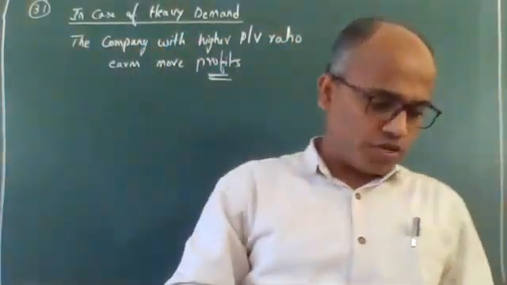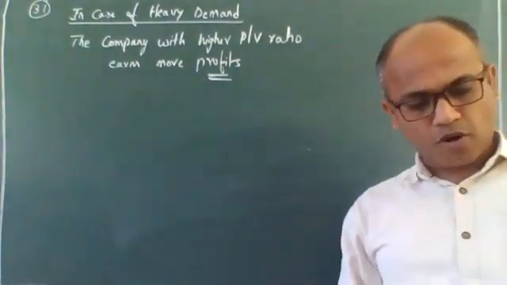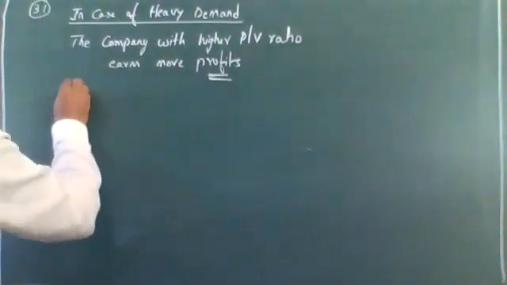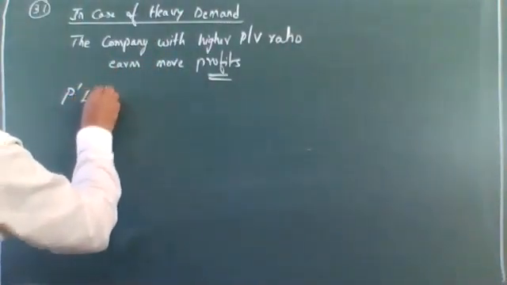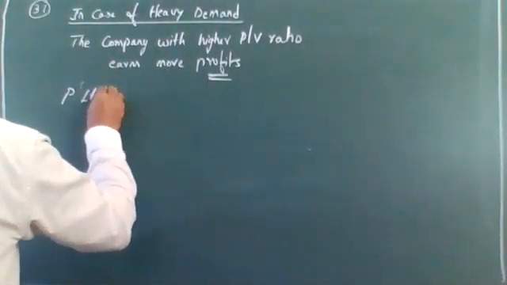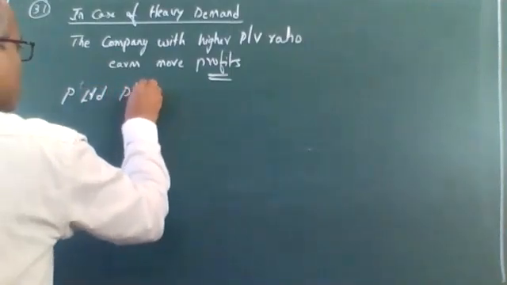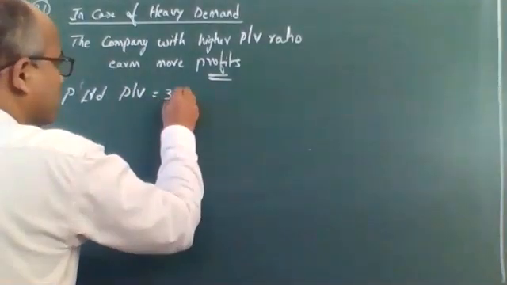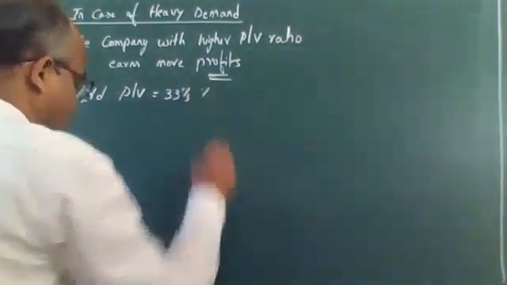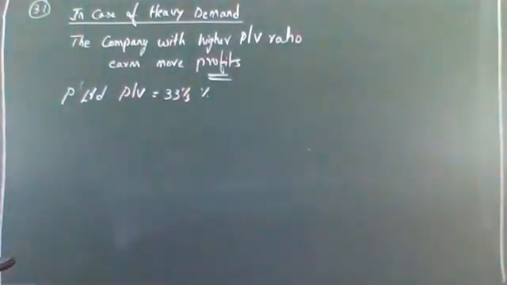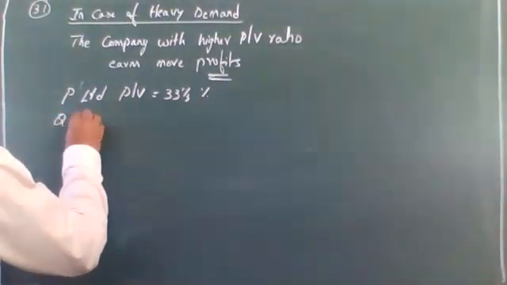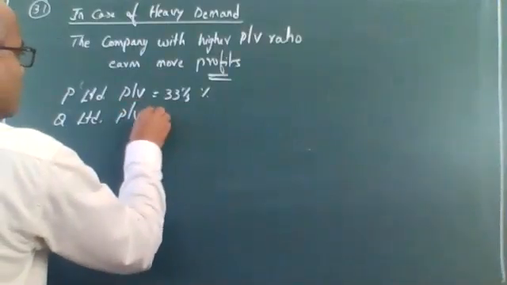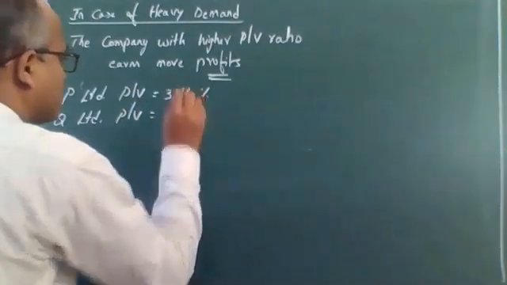In yesterday's question, if you refer to the profit volume ratios of both the companies, P Limited's PV ratio was 33 1/3%, whereas Q Limited's PV ratio is 25%.